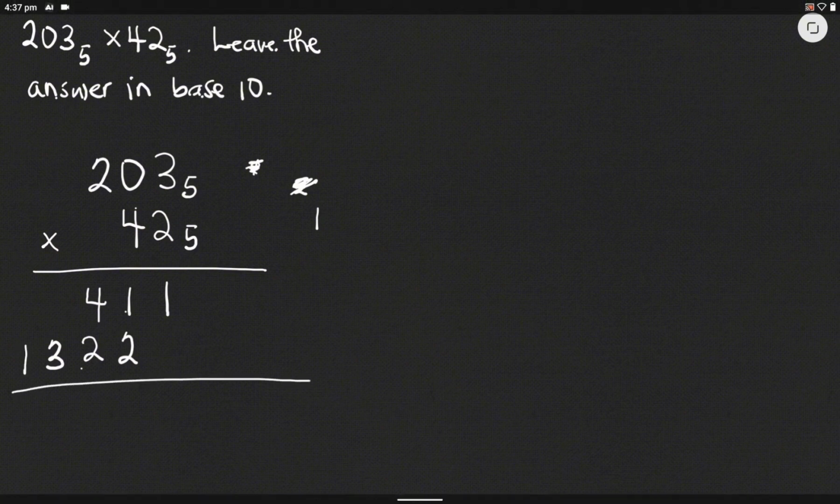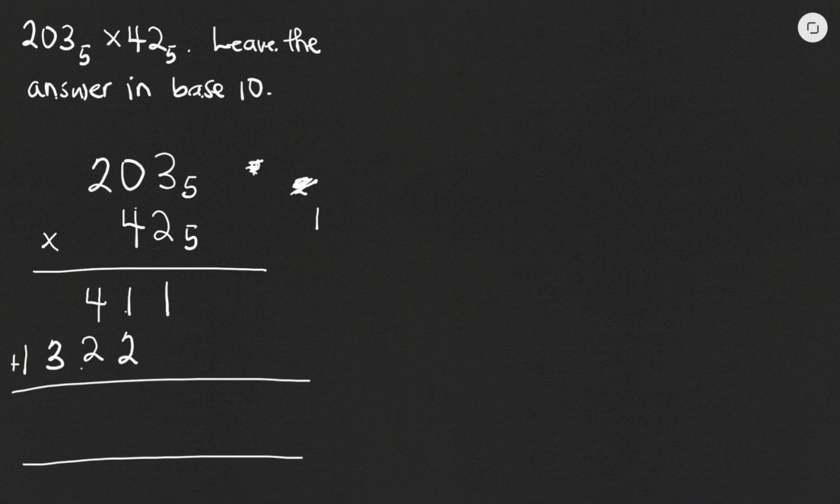So now all we have to do is to add everything we have over here, and then we get our final answer. So 1 plus nothing over here will give me 1, obviously. Now 1 plus 2 will give me 3, so I write down the 3 over here. Now 4 plus 2, because this is in base 5, is 6, we can write down the 6. So we ask ourselves, how many times will 5 divide the 6?